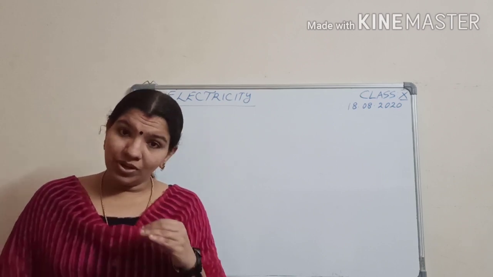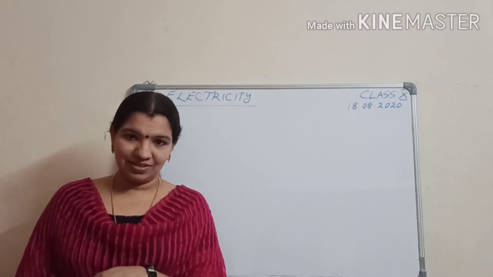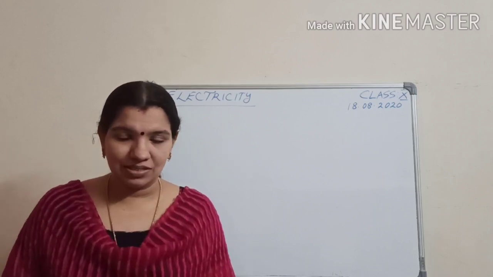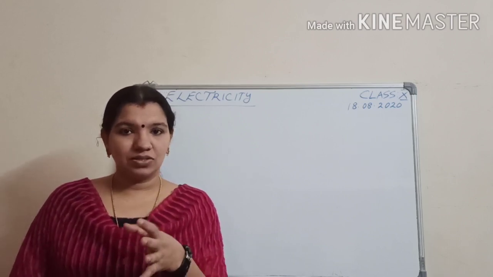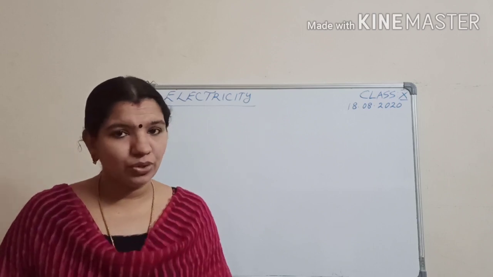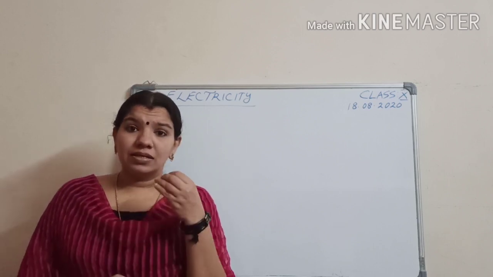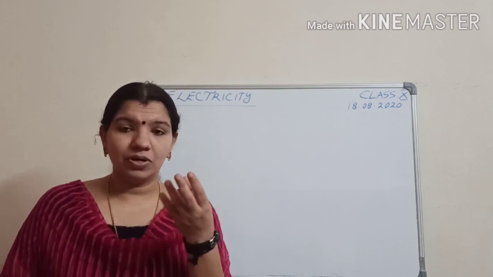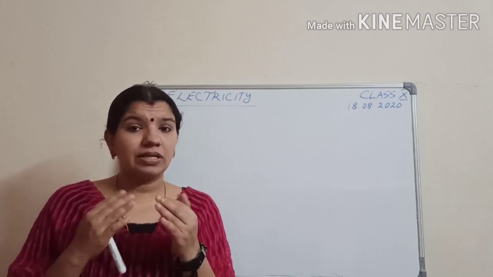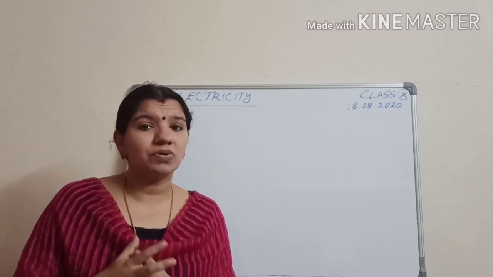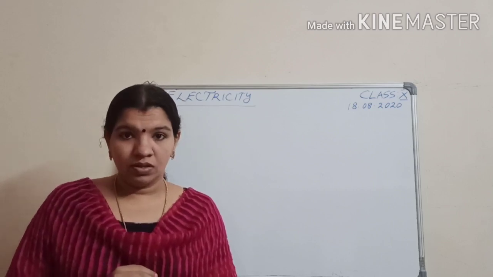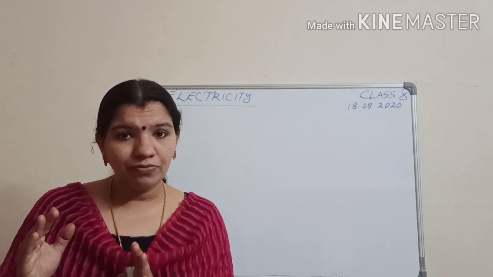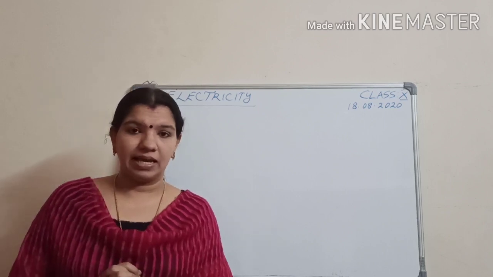Now we are studying simple circuits having one or two resistances, then cell, battery, switch. Small circuits you are studying. In larger circuits, for example an electrical appliance, there will be a large number of resistors.